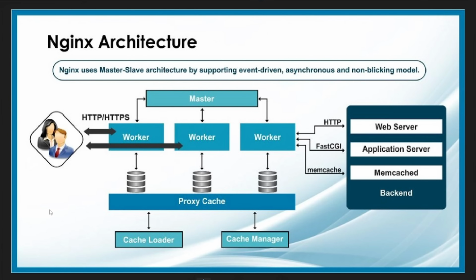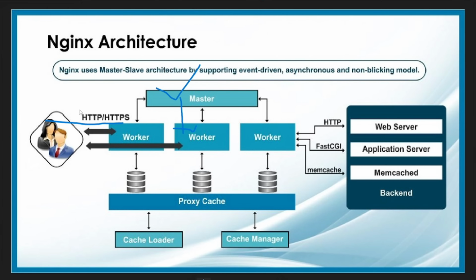Here in this architecture diagram, to understand the workflow and core principle, whenever you receive any request from a client, first of all there will be a master process, where in the master-worker model, it will create more than one worker process. This master process has three worker processes.